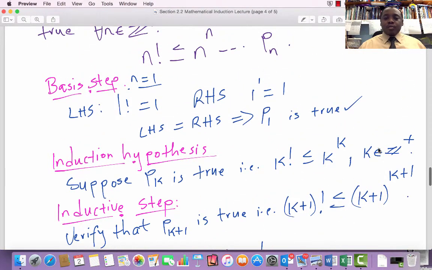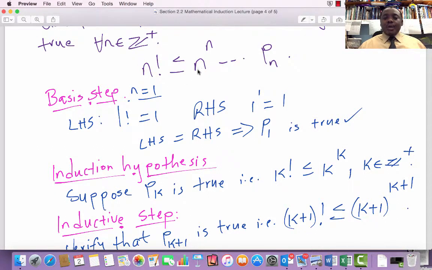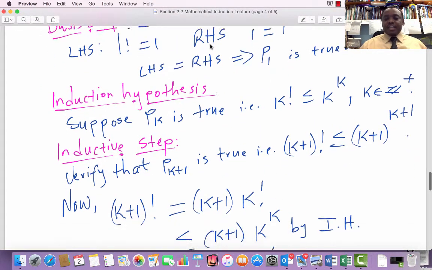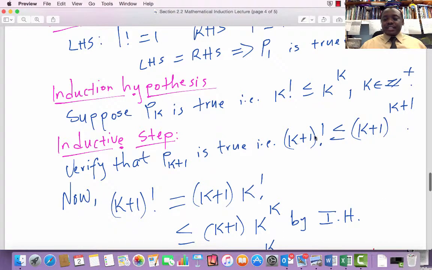In other words, in our statement Pn, we are replacing n with k plus 1. k plus 1 all factorial less than or equal to k plus 1 raised to the power k plus 1. How do we prove this? We start with the left hand side and use equalities and inequalities until we get the right hand side without cheating. Okay, let's do that.